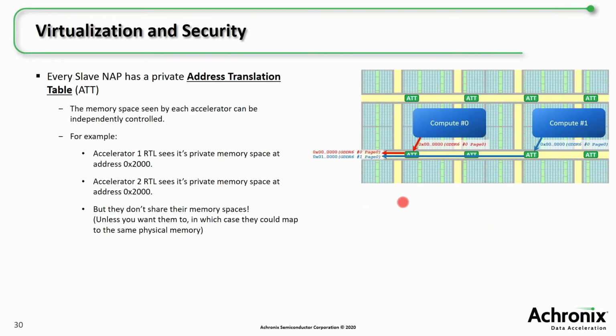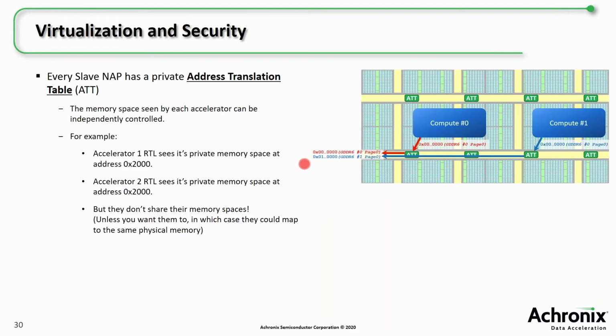Okay, if we get back to the NOC, we have local to every single network access point an address translation table. The idea here is that you can have different compute nodes that are all addressing the same memory, in this case location 0, they're both accessing location 0, but the address translation table is translating that address so that they're actually seeing different locations in memory here.